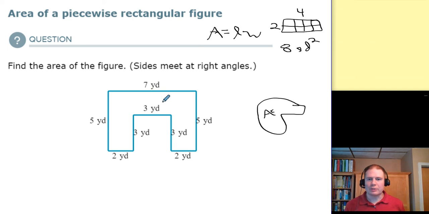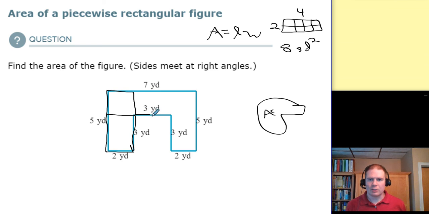So where are the rectangles here? Well, it kind of depends on how you want to see it. One way is to see it as here's a straight line coming up to a corner, so maybe we'll call this rectangle 1. And then this line continues until it stops, so we'll call that rectangle 2.